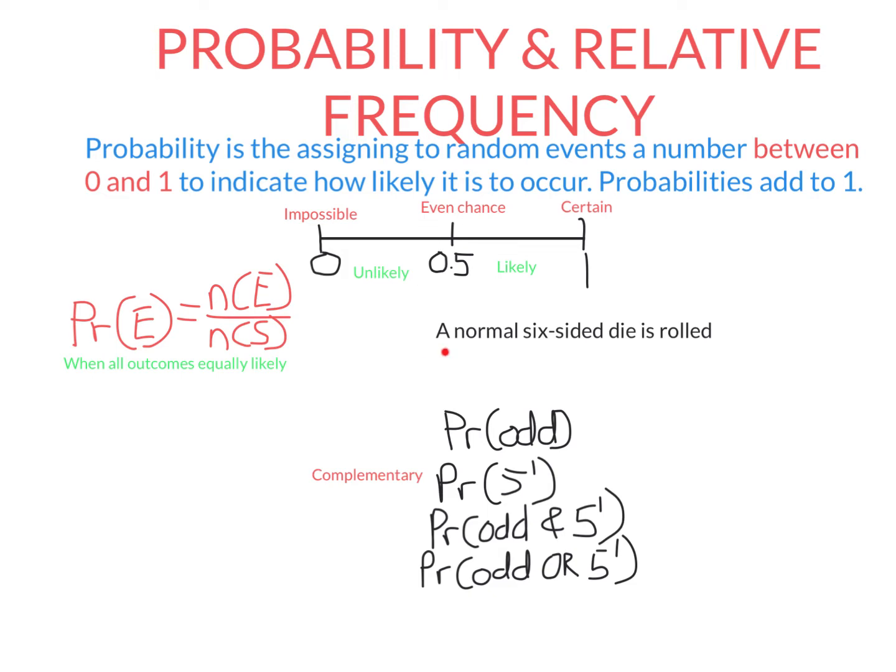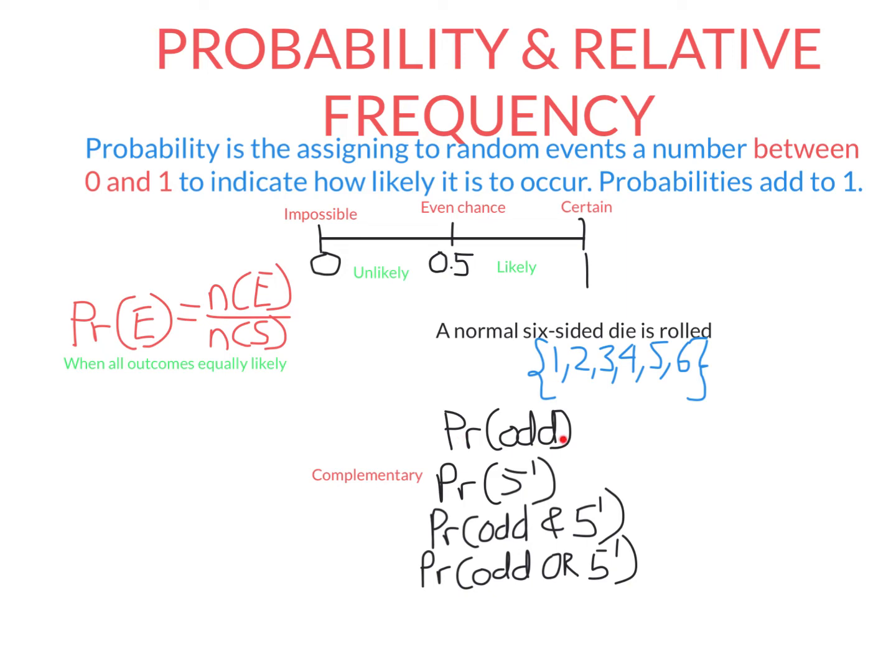So let's look at an example. Let's say a normal 6-sided die is rolled. So the sample space, which is a set, so I'm going to use these brackets here, the sample space is 1 to 6. The sample space is just the set of all possible outcomes. So there are 6 possible outcomes, so NS, number in the sample space, is 6.